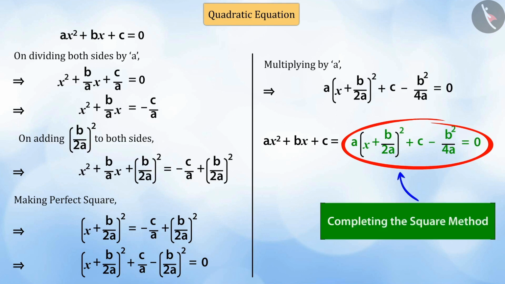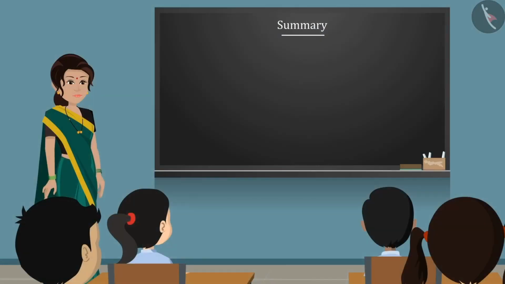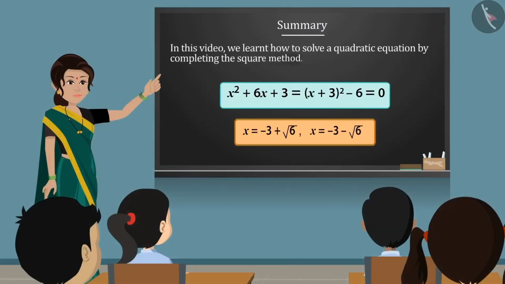This method is known as the completing the square method. In this video, we learned how to solve a quadratic equation by the completing the square method. In the next video, we shall see examples related to it.